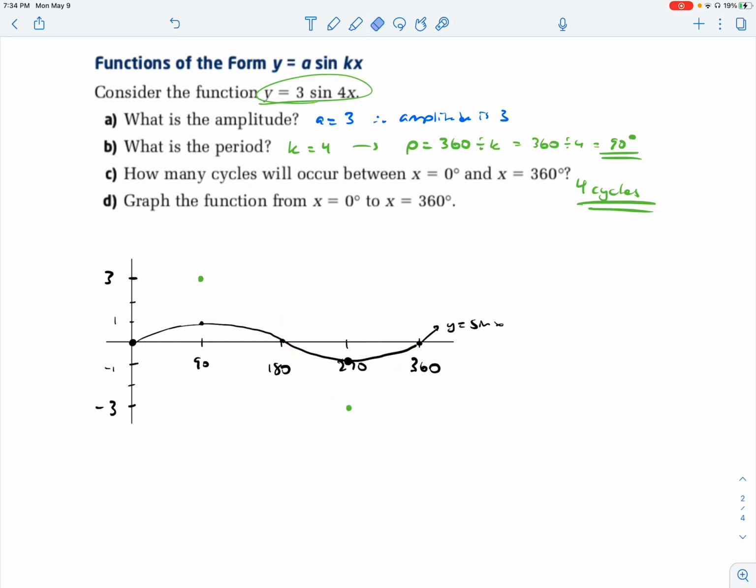So the problem is that we need to have 4 cycles within here. So we're going to have many cycles here. Our sine graph starts at 0. It's going to go up to the top, then back at the middle, halfway, and then down, and then back at 90.